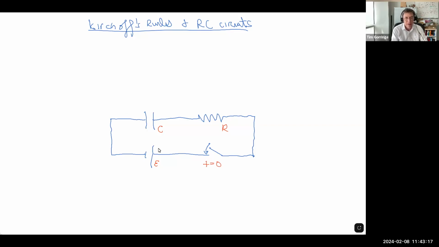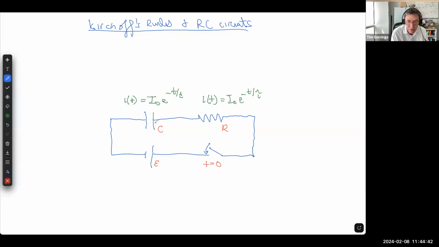So some increases in potential, some decreases in potential, but they must add up to 0. That's Kirchhoff's voltage rule applied to this circuit. We'll discover that that rule tells us how the voltages on the capacitor and the resistor appear in the circuit and how they're related in this particular circuit as we charge up the capacitor through the resistor.